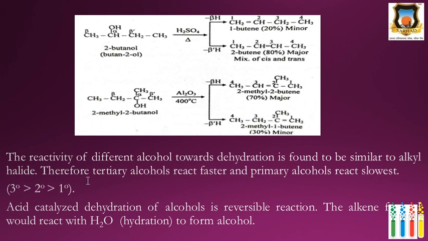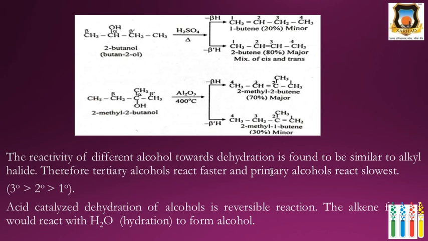The reactivity of different alcohols towards dehydration is found to be similar to alkyl halides, and tertiary alcohols are more reactive than secondary, than primary. The reason is that when we see the mechanism of this dehydration, there is formation of carbocation. Tertiary alcohols give stable tertiary carbocation, secondary alcohols give secondary carbocation, primary alcohols give primary carbocation.